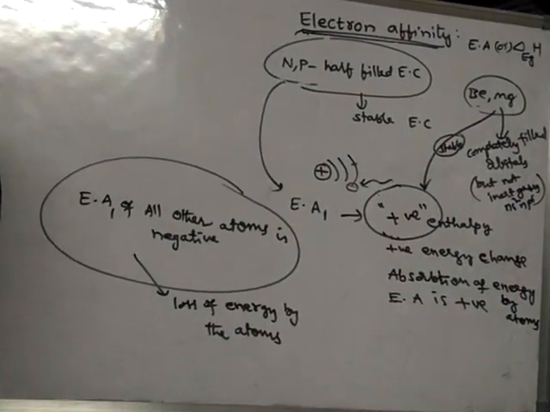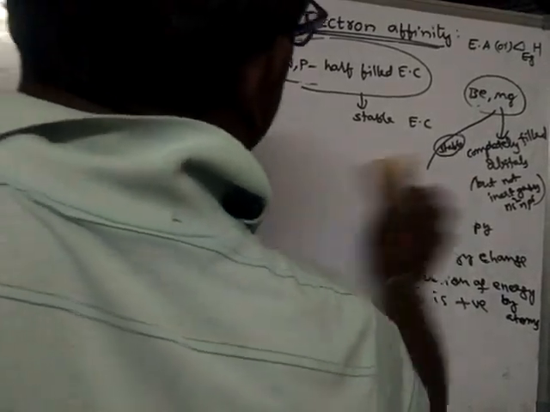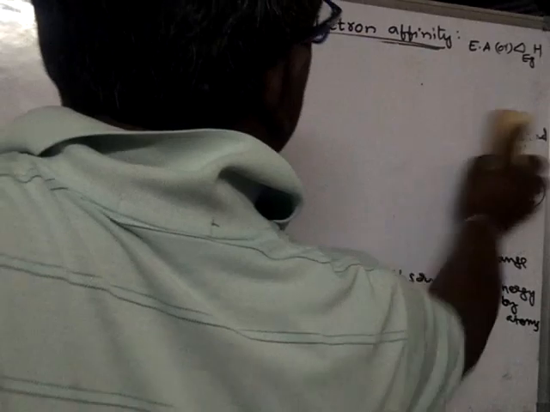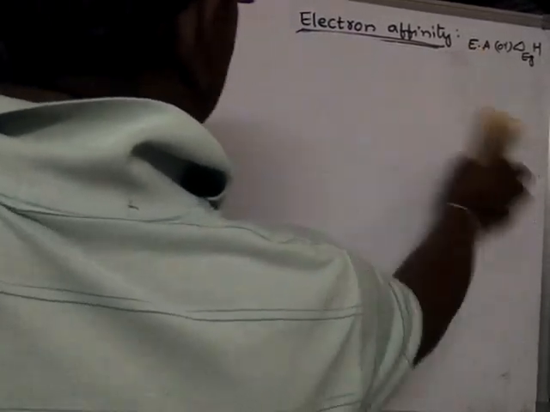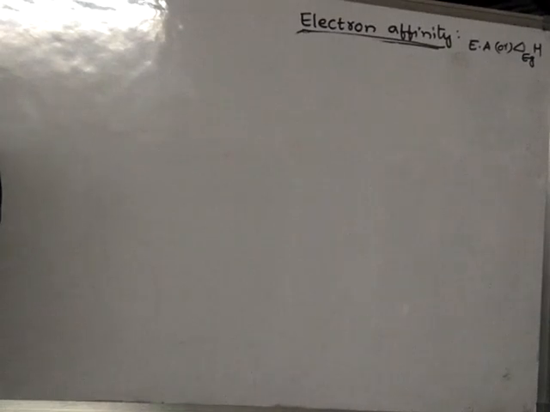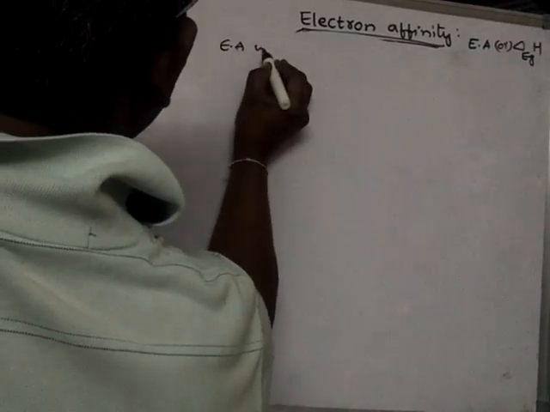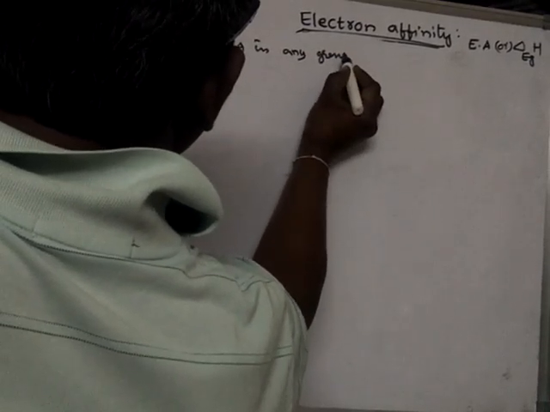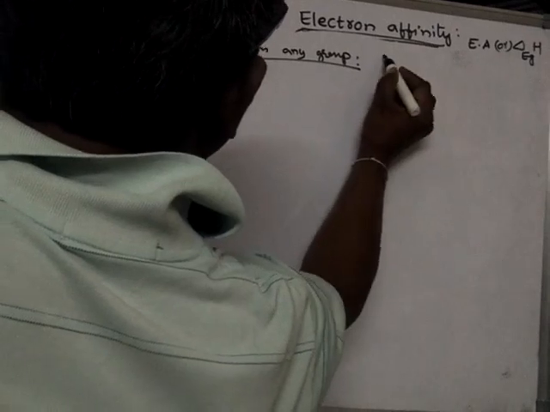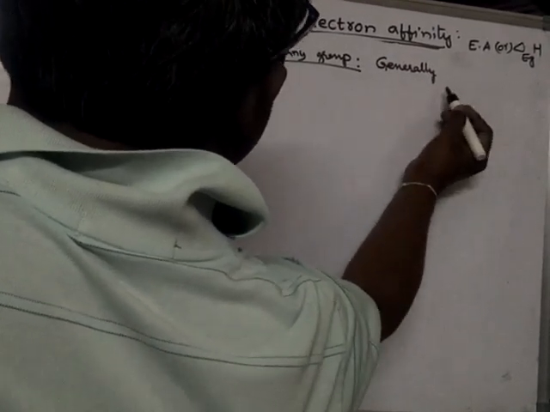Now let us learn how electron affinity varies along a period and along a group. In general, in any group, what happens down the group?